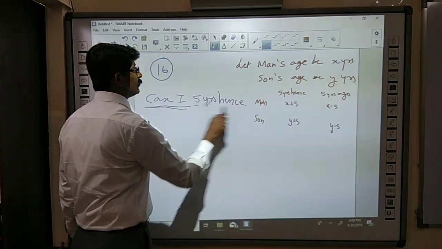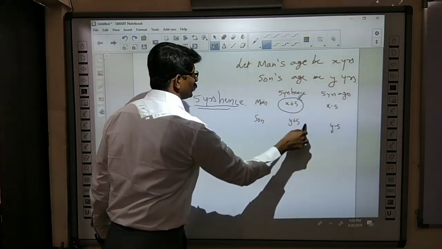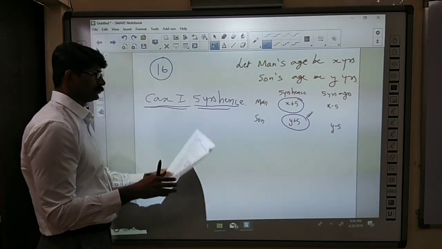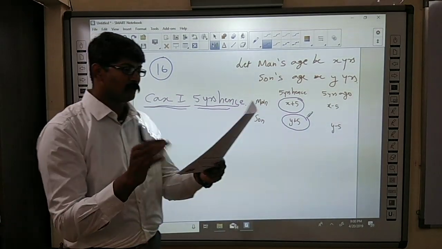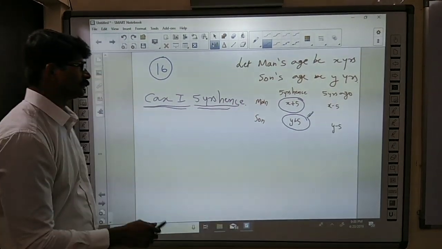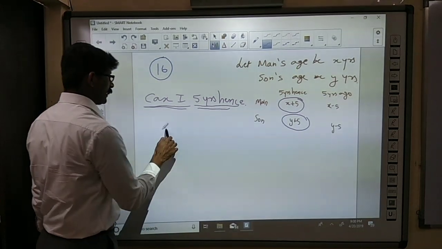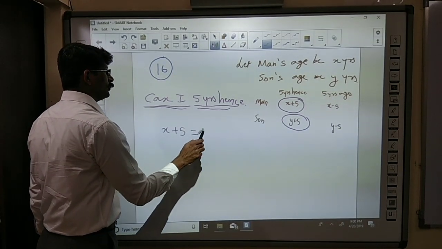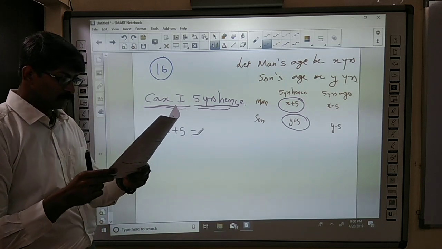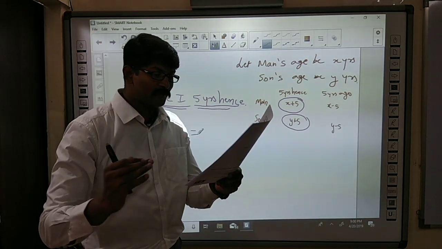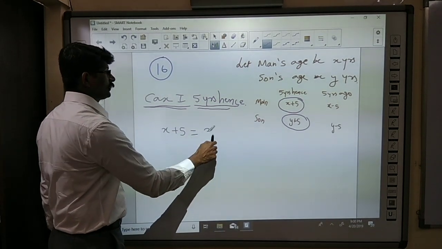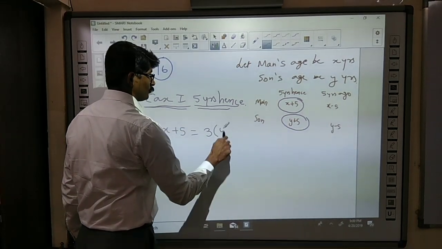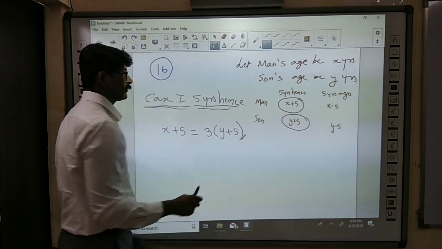Since this is 5 years hence, I'll focus on these. So 5 years hence, the man's age x plus 5 would be 3 times his son's age, y plus 5. You understand it?